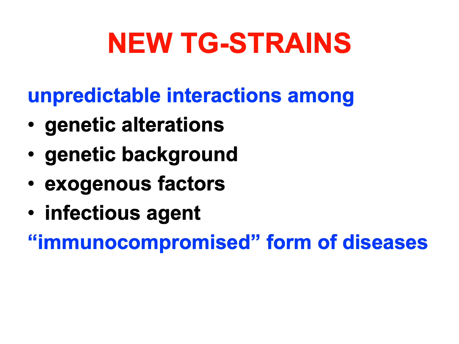Therefore, these classical diseases may have different forms. Why? Because there are unpredictable interactions among the genetic alteration made in transgenic animals, the original genetic background of the transgenic strains, and the interaction of exogenous factors and the infectious agent, or in many cases agents.